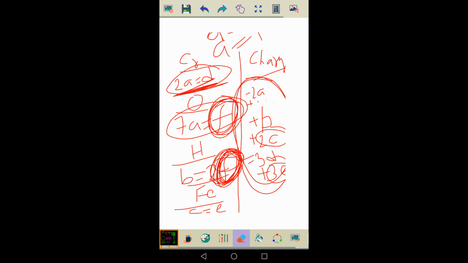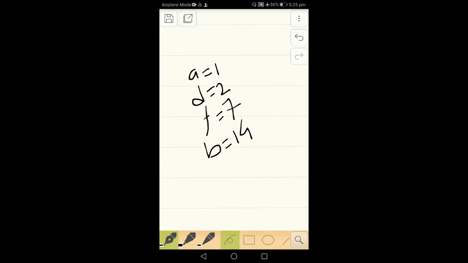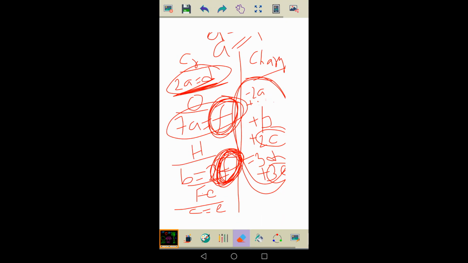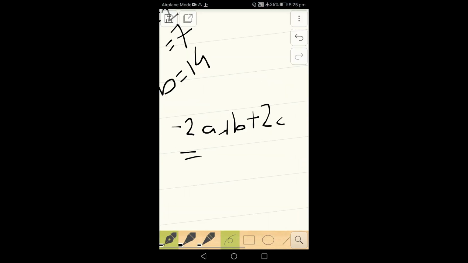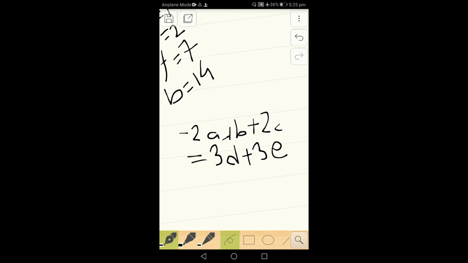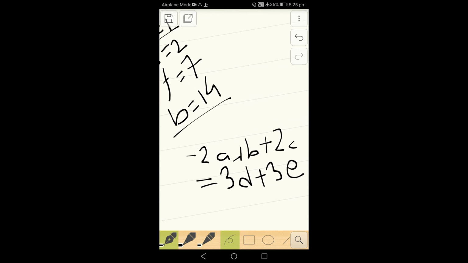So minus 2A plus B plus 2C must be equal to 3D plus 3E. We have got A equals 1, B equals 14, D equals 2.